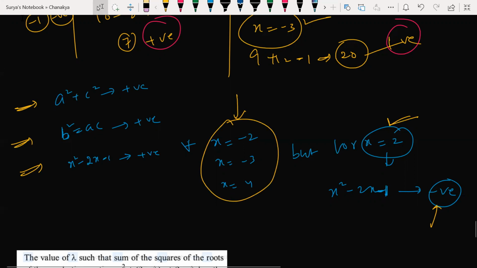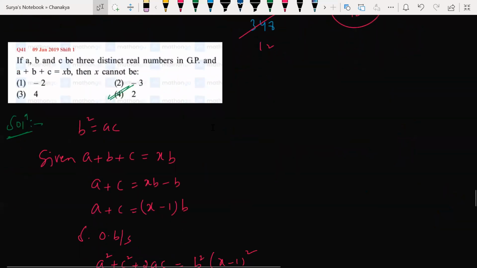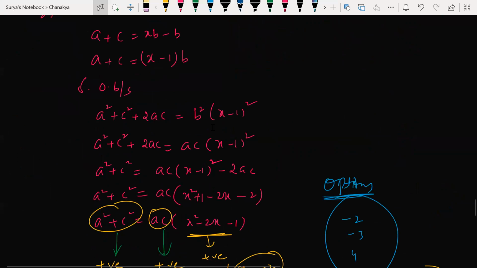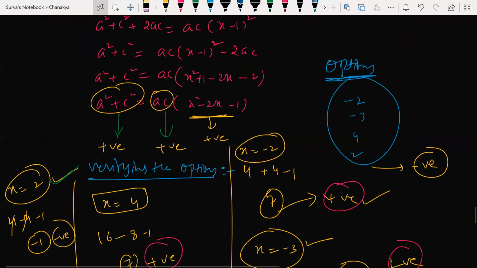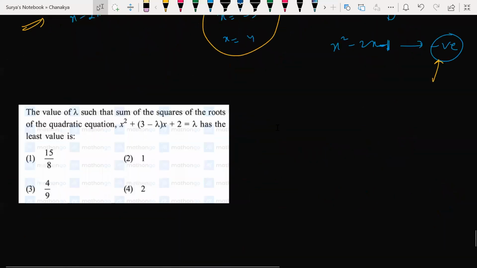I had a doubt why a square plus c square was positive. Why is it positive, you are saying? But a square plus c square is absolutely positive, man. How can it be negative? We have squares, right? You understood my point? Yes, sir. Now I got it, sir.